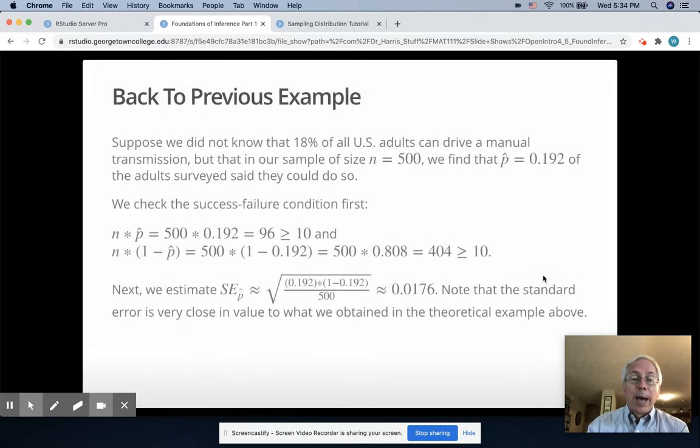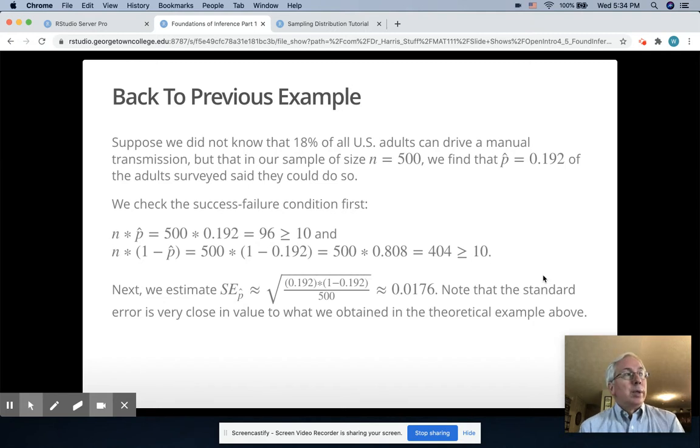So we can go back and look at a case where we calculate this approximate standard error. Using the manual transmission example, suppose that we really didn't know that the figure was 18%, and we took a sample of size 500, and it turned out that 0.192 was the sample proportion. 19.2% of the adults said that they could use a manual transmission.